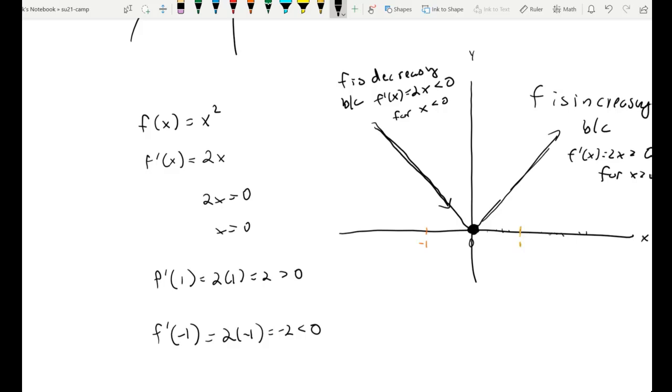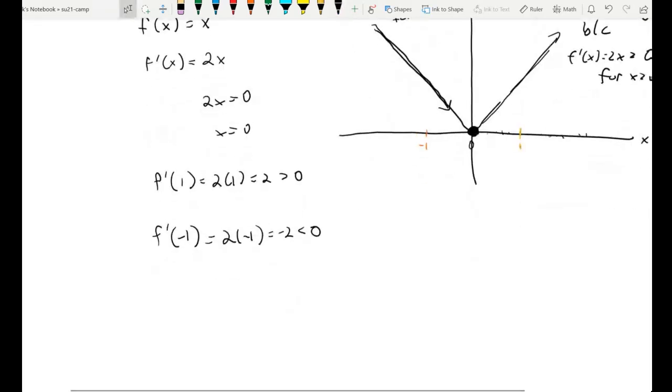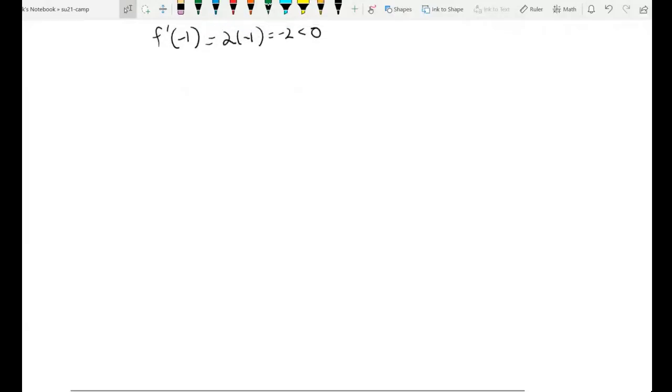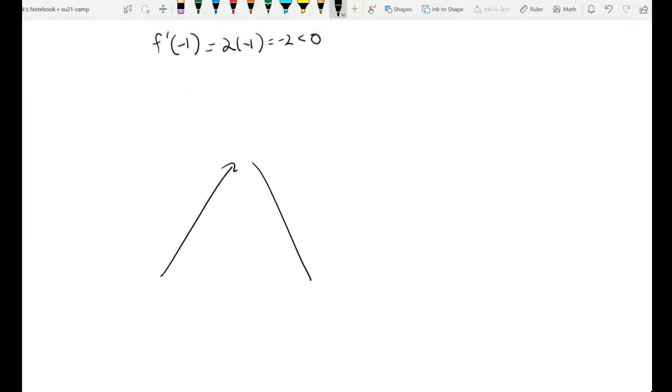You'll find where the derivative is 0, and then everywhere else you choose test points, and you get a sense of whether your function is increasing or decreasing, and that will give you whether you have maxes and mins. If you had a function which was increasing and then decreasing, then you would have a maximum.